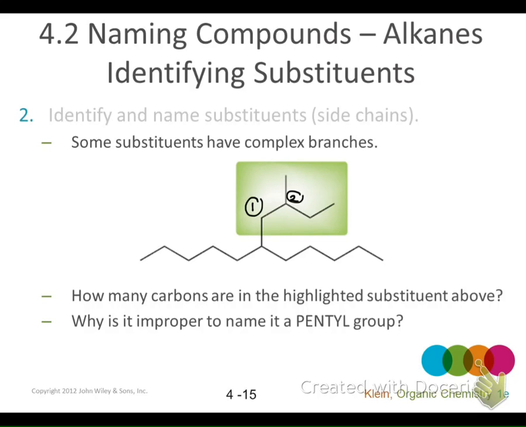All the rules that you applied for the parent chain, for giving substituents names, you apply to the side chains. You're going to indicate that this is 6, and this will be a 2-methyl butyl group, and it doesn't end in ane like a regular alkane would. So whatever you do to name the parent chain and its substituents, you apply those same rules to the side chains.